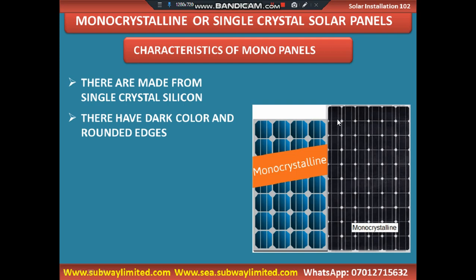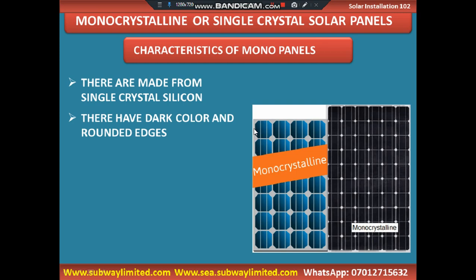These are the rounded corners that you can always see physically when you examine the monocrystalline solar panel. You can see the rounded corners, whereas the polycrystalline solar panels don't have the rounded edges.